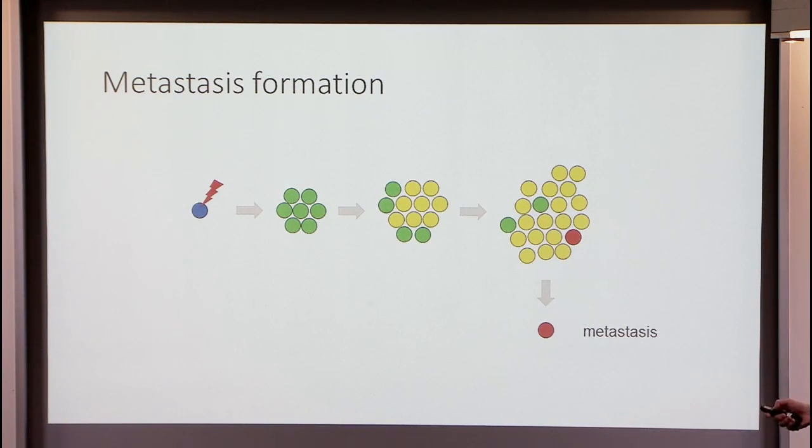There might be a clonal origin typically. The tumor grows, accumulates different mutations indicated by the different colors here. And at some point, cells leave the primary tumor, and some of them, usually a tiny small fraction, is able to seed a new tumor, typically in another organ of the same patient.